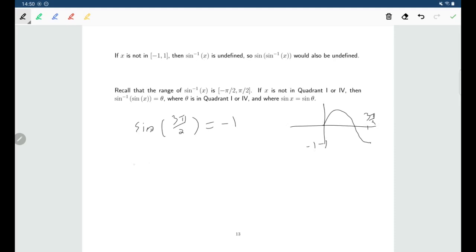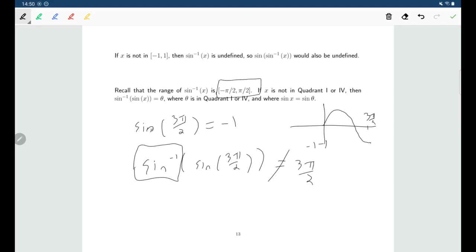But if we looked at sine inverse of sine of 3 pi over 2, we would be wrong if we thought that the sine and the sine inverse canceled each other out and we'd be left with 3 pi over 2. That's actually not the case, and the reason for that is sine inverse only has as its output values between negative pi over 2 and pi over 2.